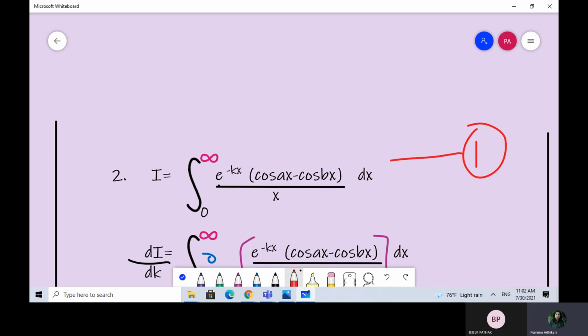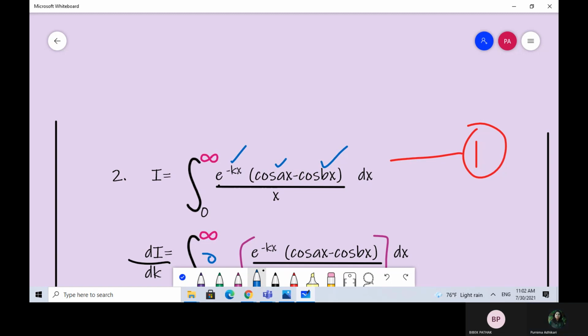Okay, so now let me ask one question: how many parameters do we have other than x? x, a, b, k: 1, 2, 3 parameters. So in total this is a 4 parameter function, where x is the variable for integration and the rest of the parameters are constants. So we have to choose one of the parameters for differentiation.